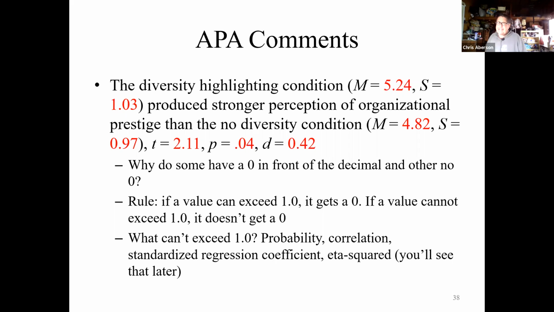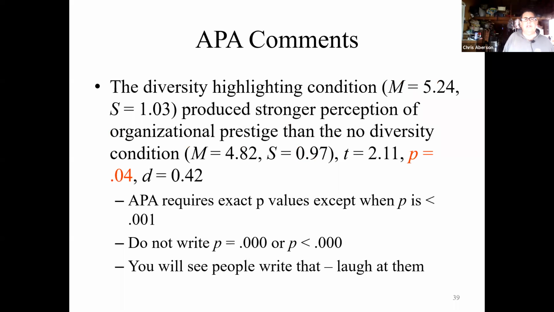Typical things that can't exceed 1: probability, correlation, standardized regression coefficients, unless you've done something very wrong, and eta squared, which you'll see a bit later when we talk about analysis of variance. So again, all of that is part of the rules.